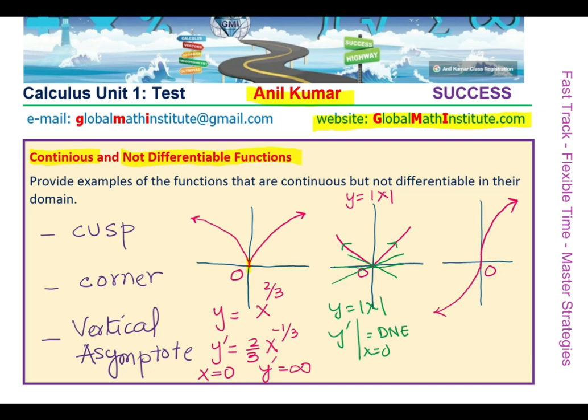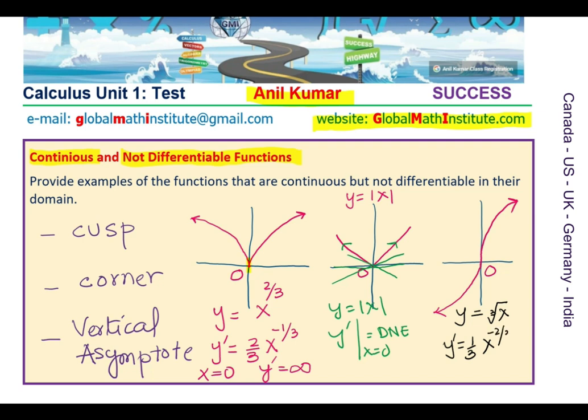This is a function which looks like y equals cube root of x. If you find the derivative, y prime will be 1/3 of x to the power of 1 over 3 minus 1, which is minus 2 over 3.